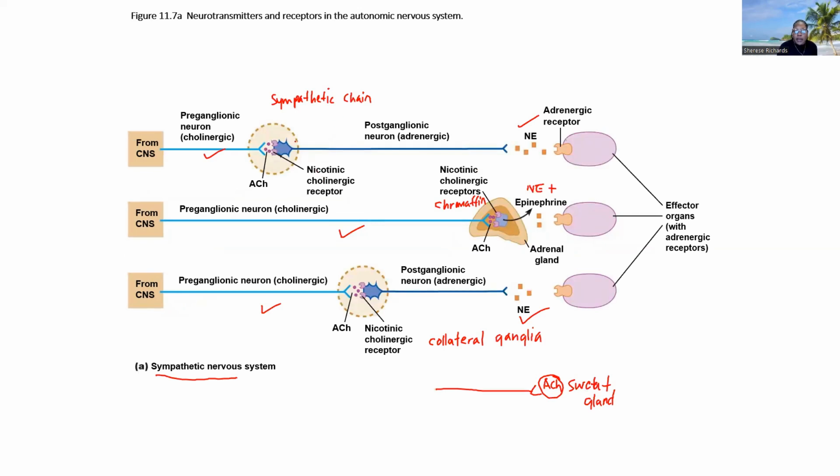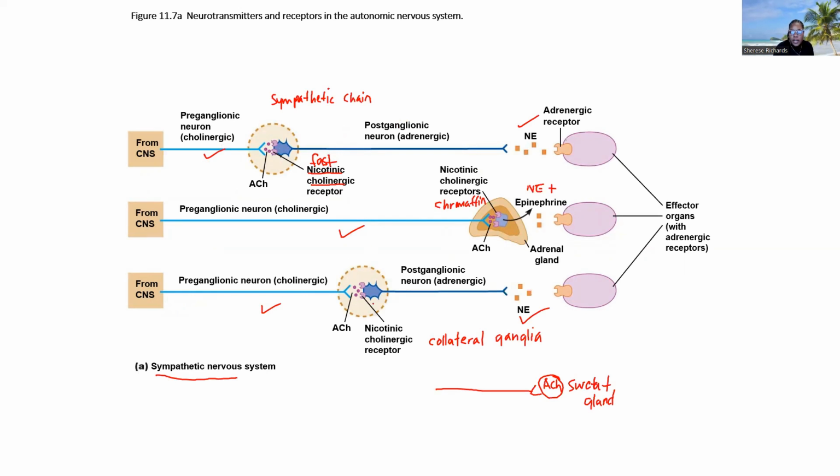So looking at the postganglionic neuron. Here's our preganglionic neuron, here's our postganglionic neuron. Notice on the soma of the postganglionic neuron, we have nicotinic cholinergic receptors. And so this is going to be a fast response. This needs to be a fast response.